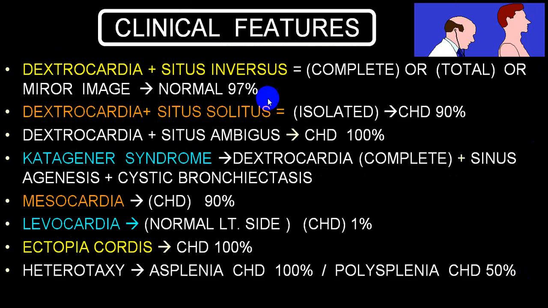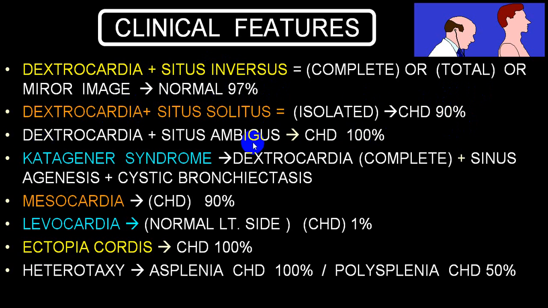So combined together, dextrocardia with situs inversus, or the complete variety, or we use the word total variety, or mirror image, has only 3 to 5% congenital heart disease, which means 97% of the time the heart is normal. But if it is with situs solitus, it is 90% congenital heart disease, and situs ambiguous, 100%.